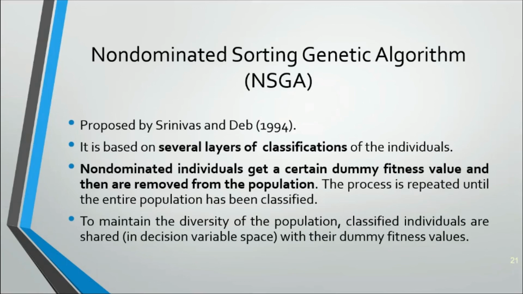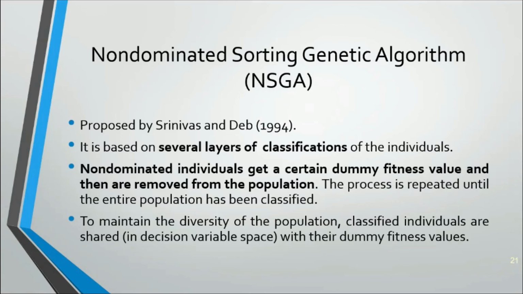So the most optimized solutions, the most non-dominated solutions in the outer layer, will get a certain dummy fitness value and then are removed from the population. The process is repeated until the entire population has been classified.